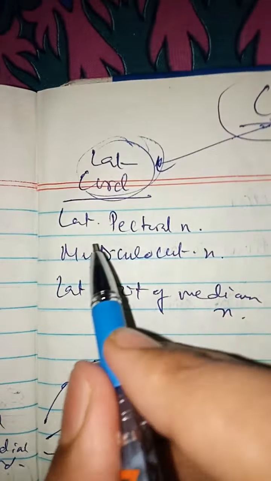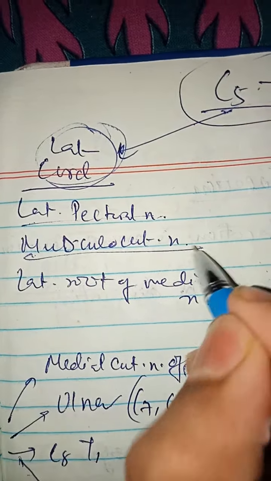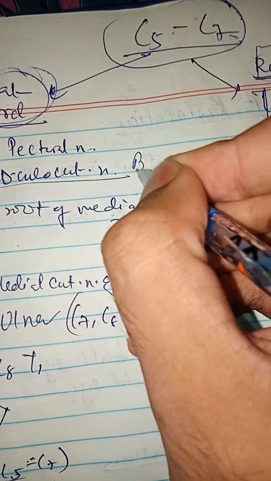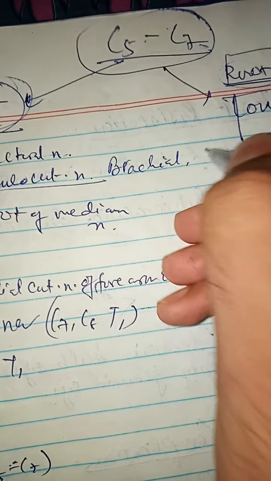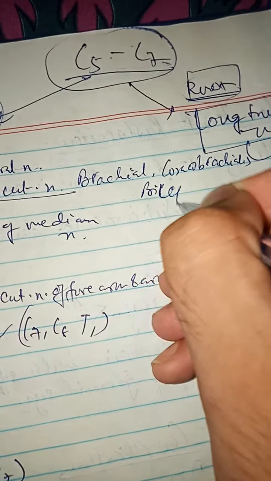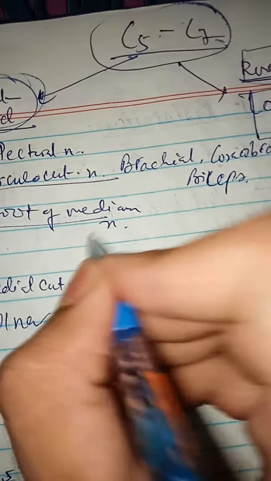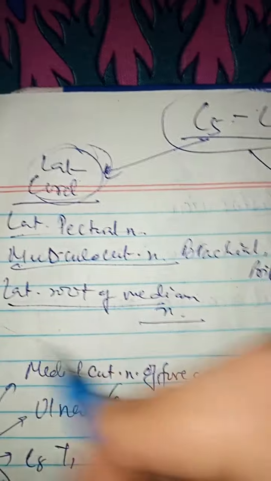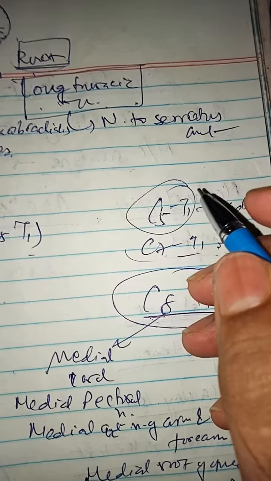If it is a lateral cord, then it can be the lateral pectoral nerve, which supplies the pectoralis muscle; the musculocutaneous nerve, which supplies the brachialis, coracobrachialis and the two heads of the biceps; and the lateral root of the median nerve also arises from the lateral cord. So for the lateral cord, C5 C7 root value, these are the three. At the root, C5 to C7 root value is the long thoracic nerve, or nerve to serratus anterior.